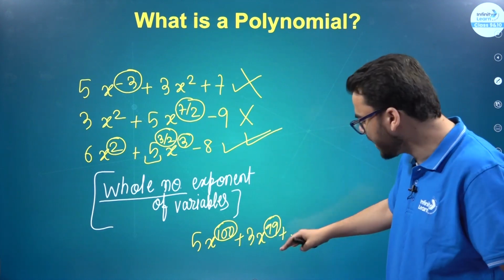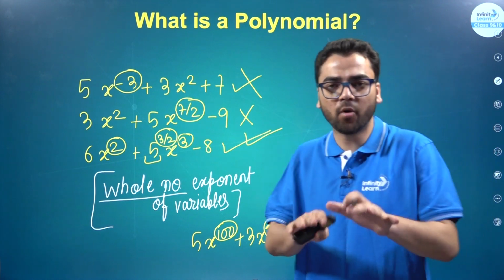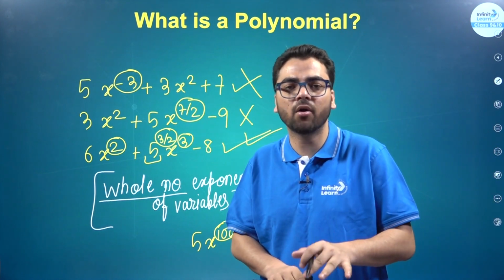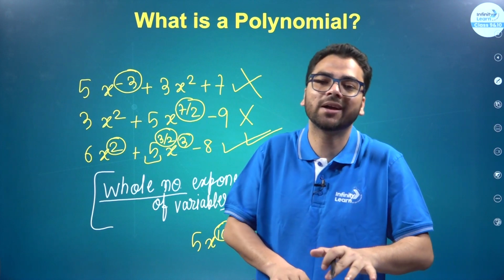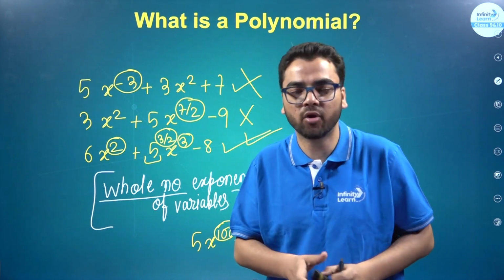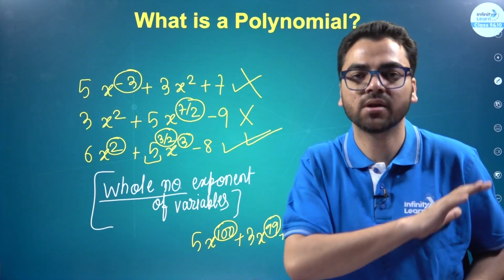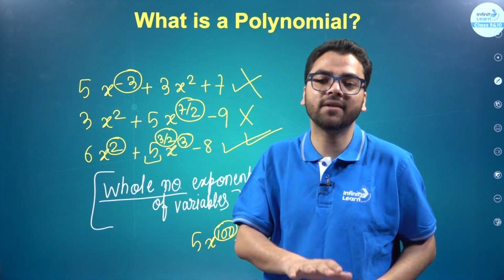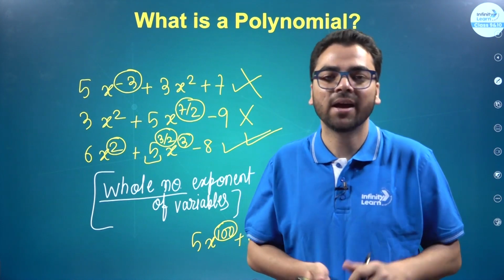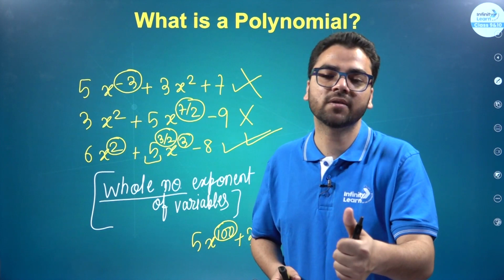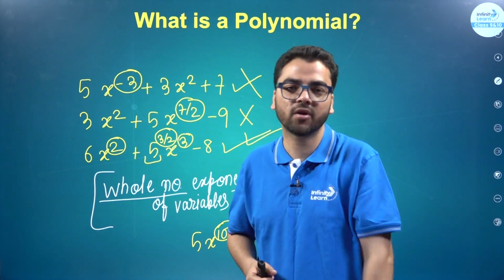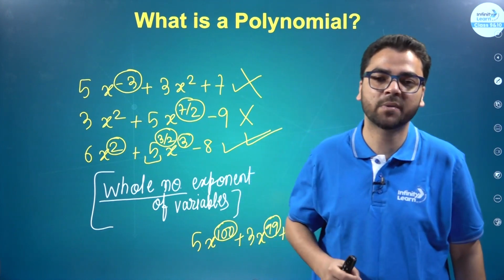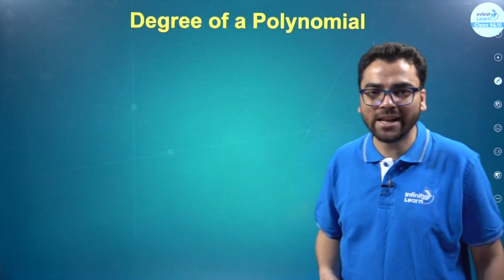No, because it's having infinite number of terms. A polynomial will have finite number of terms. So a polynomial cannot have infinite number of terms. It must have whole number exponents of variables and it must have finite number of terms for an algebraic expression to be a polynomial.